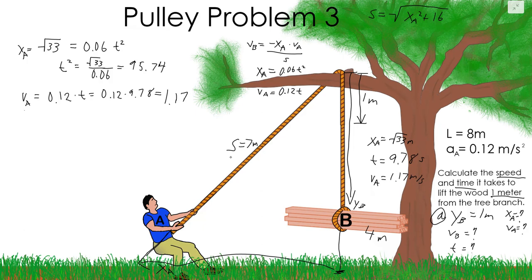Now we're able to implement all that into there and get vB. So that's negative the square root of 33 by 1.17, all that over just 7. Is that the length? Get our calculator out again.